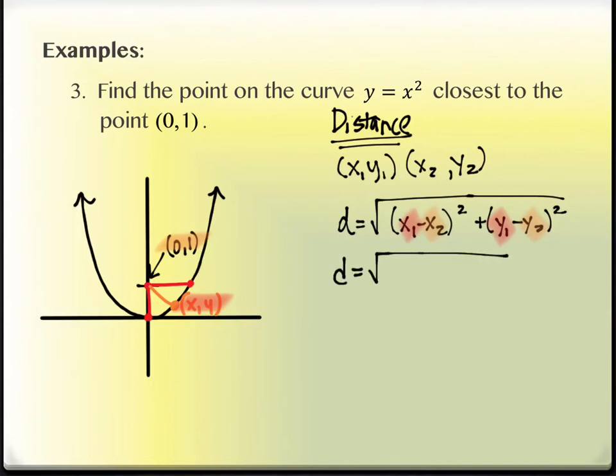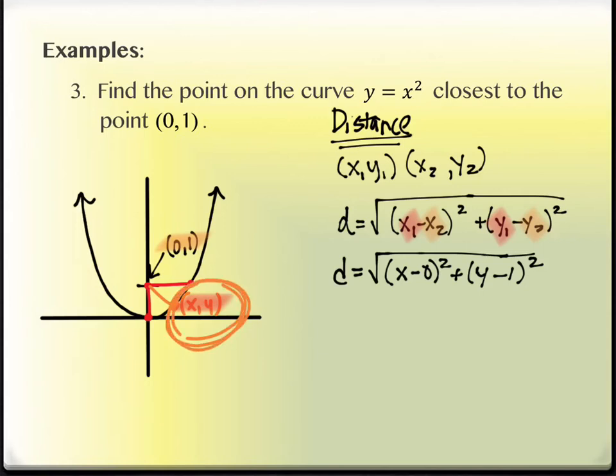So this is a square root. It is x minus the x value of 0, squared, plus y minus the y value of 1, squared. But there is a relationship between x and y in this particular problem: y equals x squared. It's the equation, right?